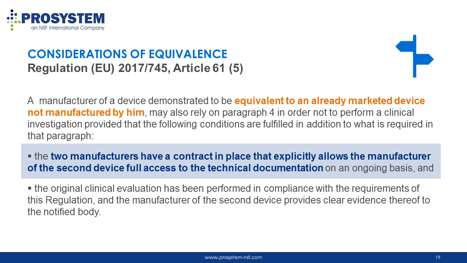Here, it's important to consider that a contract between two potential competitors to allow access to the technical documentation of the devices is very unlikely to be prepared. However, be aware that it is not clear whether the regulation in this paragraph refers only to class 3 devices and implantable devices, or also to other classes of devices.